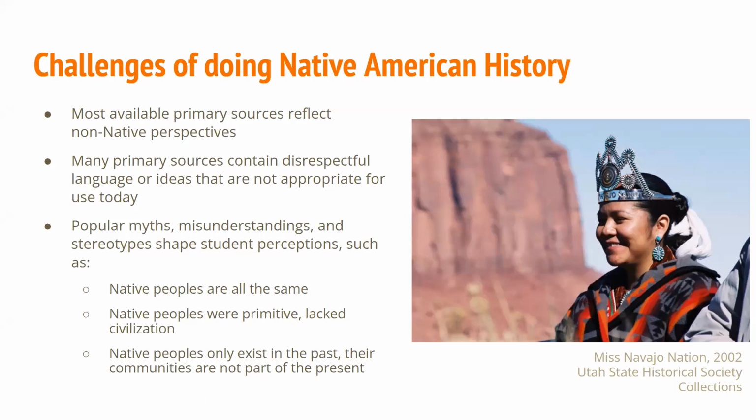And many of them not even really living near the area. So it's important to look at those primary sources and be very aware of that perspective, because that's going to shape what they read in those sources. They need to be able to identify those biases.